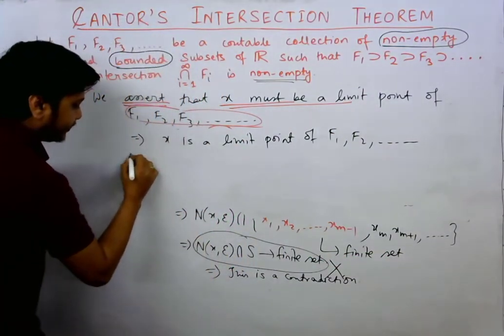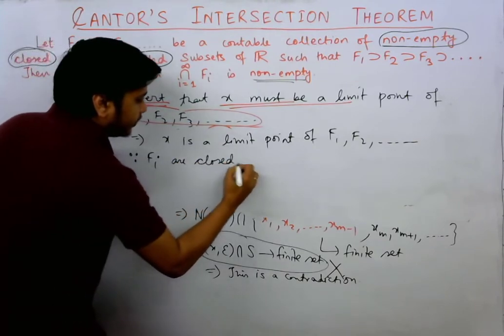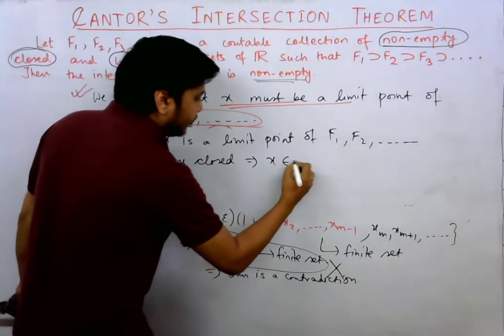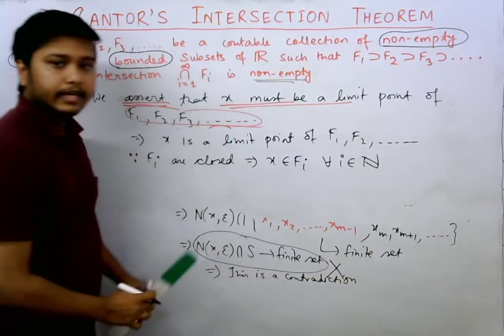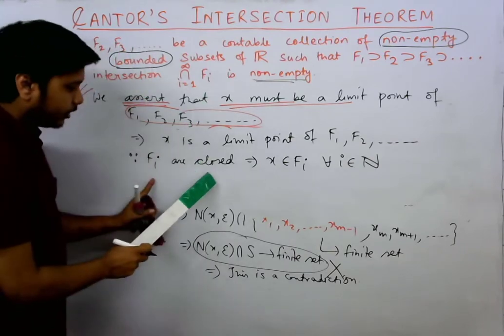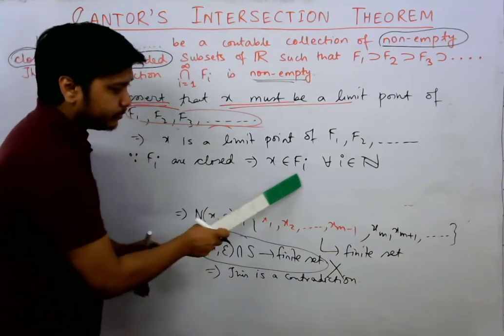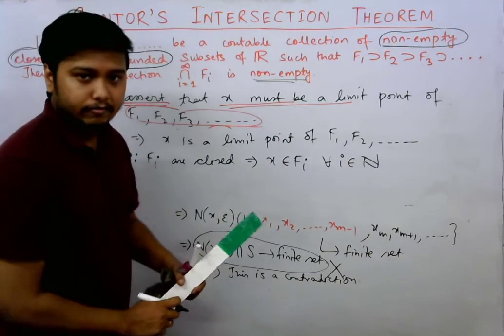So I can say that since Fi are closed, this implies x belongs to Fi for all i belonging to the natural numbers, right? So the fact that they are all closed gives the conclusion that this x belongs to all the sets F1, F2, up till infinity.